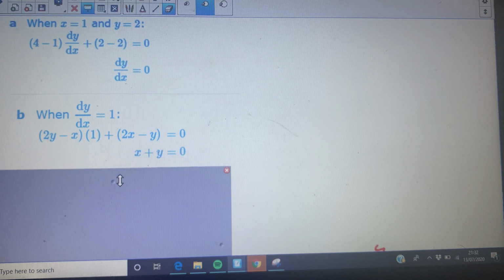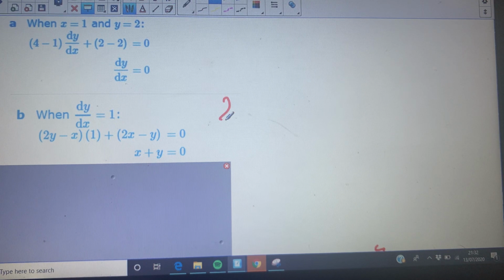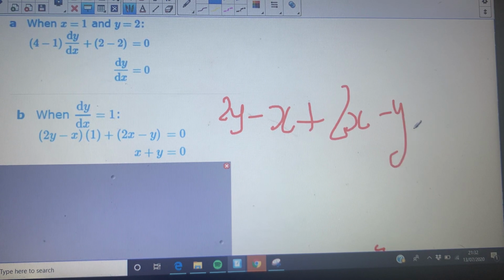Now if you multiply that out, you've ended up with 2y minus x plus 2x minus y equals 0. And that, of course, simplifies to x plus y equals 0.